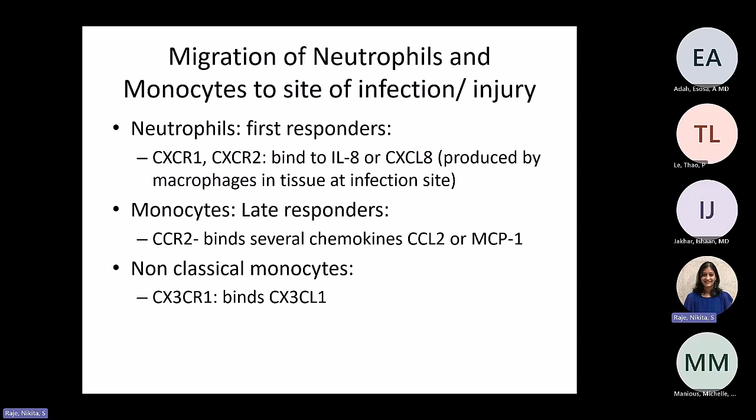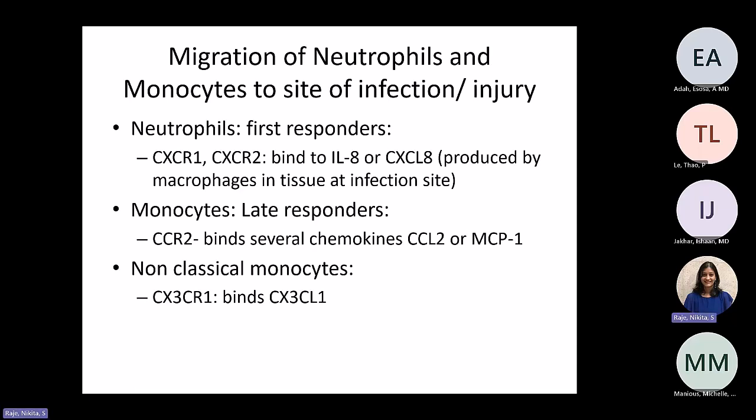Compared to neutrophils, monocytes are late responders. Here, the chemokine CCL2 or MCP1 is important. It binds to its receptor CCR2. Because of the CCR2 bearing cells, monocytes get the message saying they are being recruited. They move out of the circulation, go to the site of infection, and in the tissue, they become macrophages.